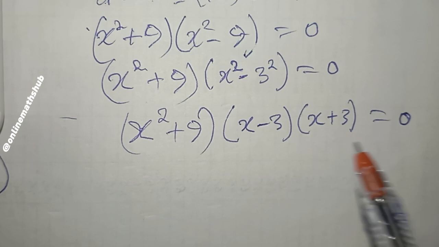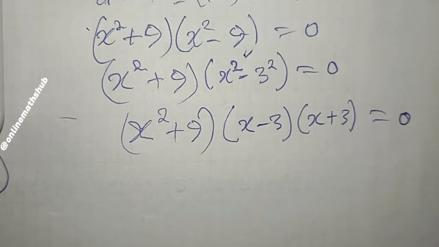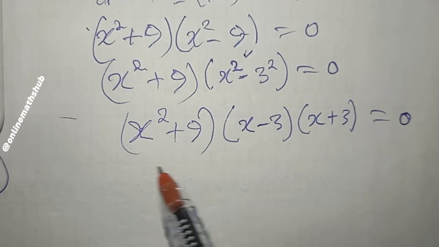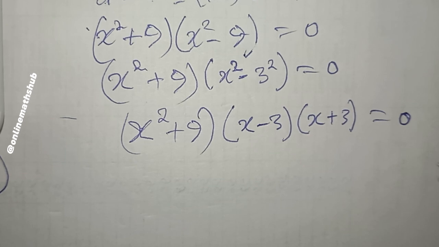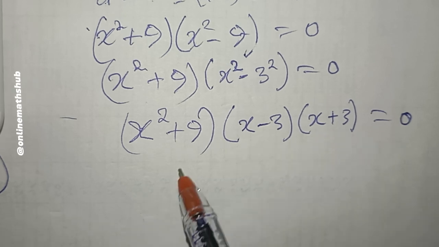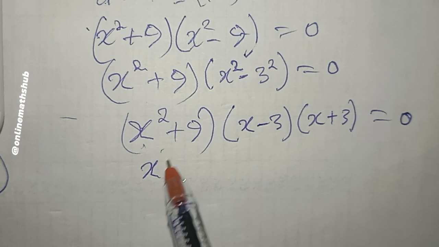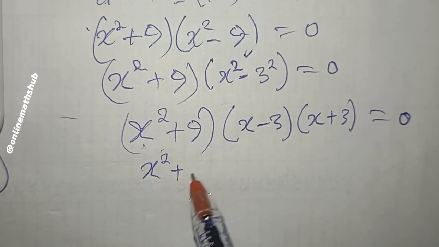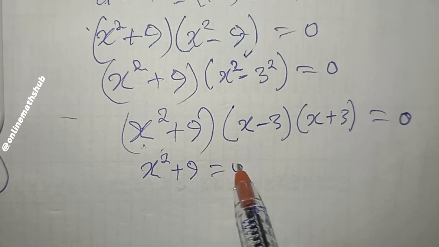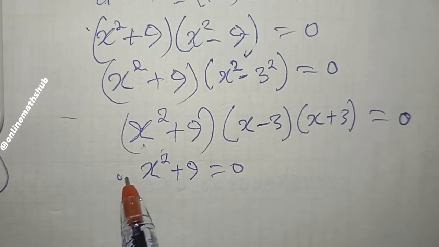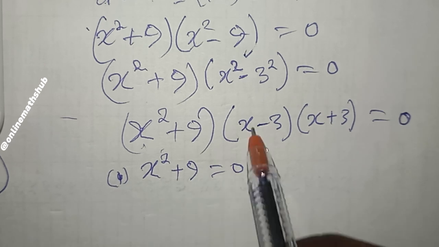Okay, so at this point I am going to be utilizing the zero product rule, which basically says that if you have terms that multiply themselves and the product is equal to 0, then either any of them is equal to 0 or all of the terms are equal to 0. So at this point we can set x squared plus 9 to be equal to 0, that is the first case.